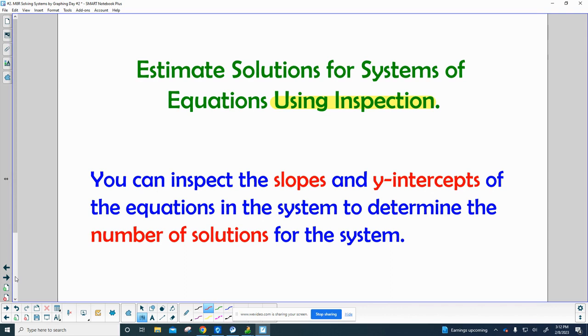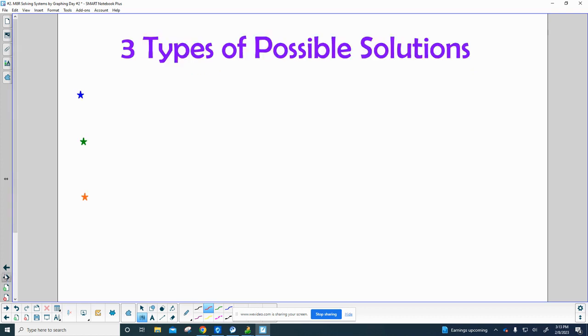Estimating solutions for systems of equations using inspection is an important process. It helps us to go through this in a much smoother way. You can inspect the slopes and the y-intercepts of the equations in the system to determine the number of solutions for the system, and draw some really good conclusions.